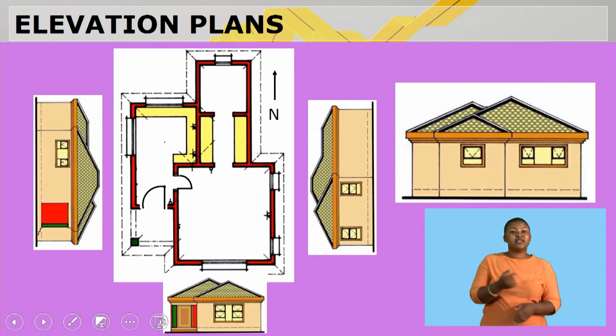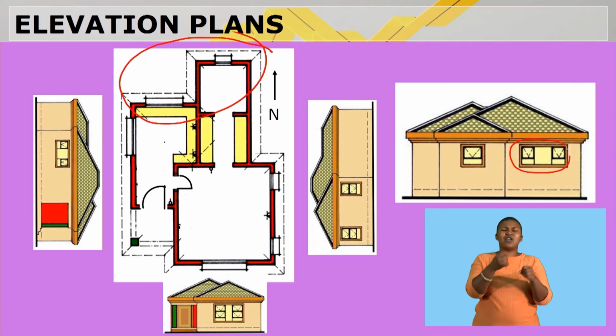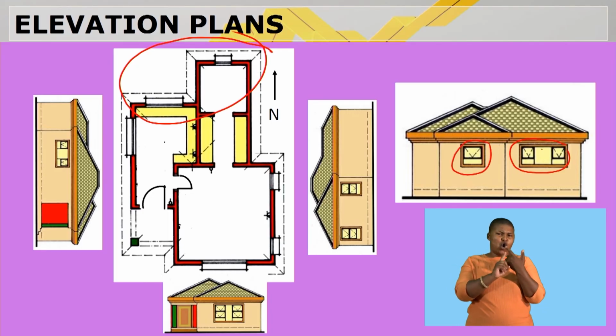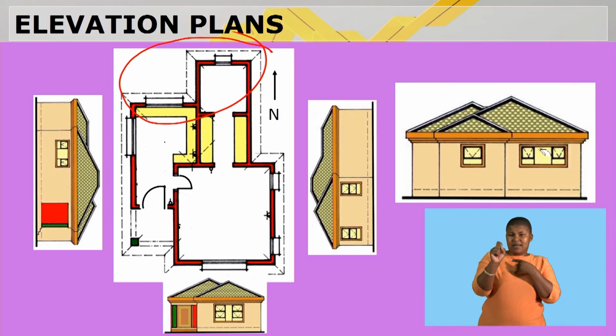What is the other one then? Now, the other one that's left is those two. It shows us that even though it's only one window, it has been divided into three, and two of them have got burglar bars, and then a smaller window also with some burglar bars.